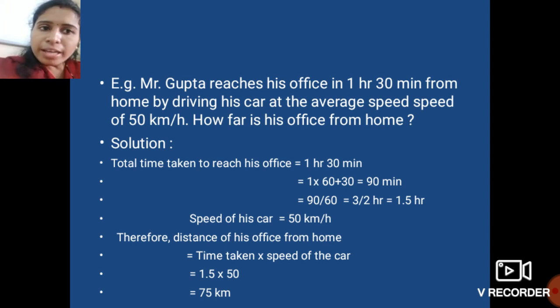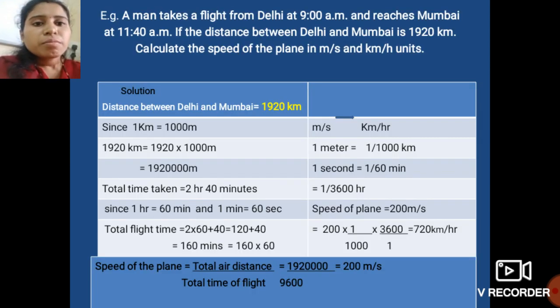And how far is his office from home? Means we have to calculate the distance. Two things are given over here: time is 1 hour 30 minutes, while speed is 50 kilometer per hour. See students, in the previous two examples, what did we calculate?